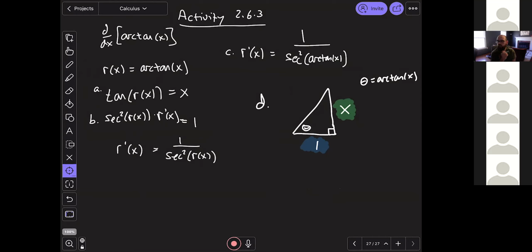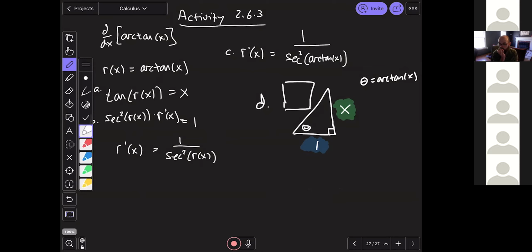So Riley, when you say tangent of x is r of x, what do you mean by that? We're thinking here. What we're looking for is a value that would go up here. That's okay.